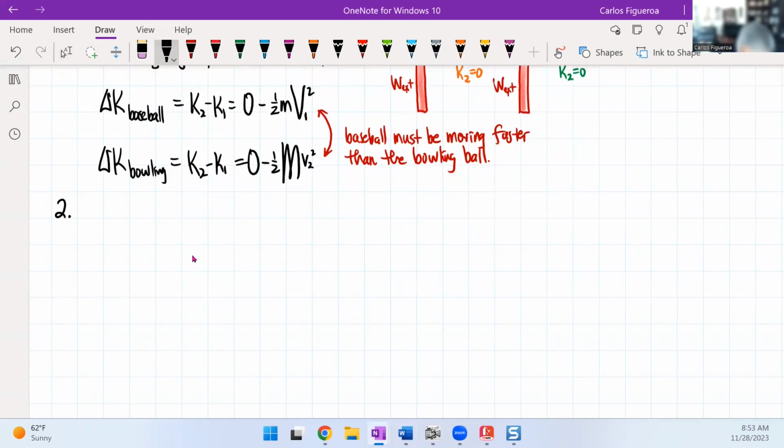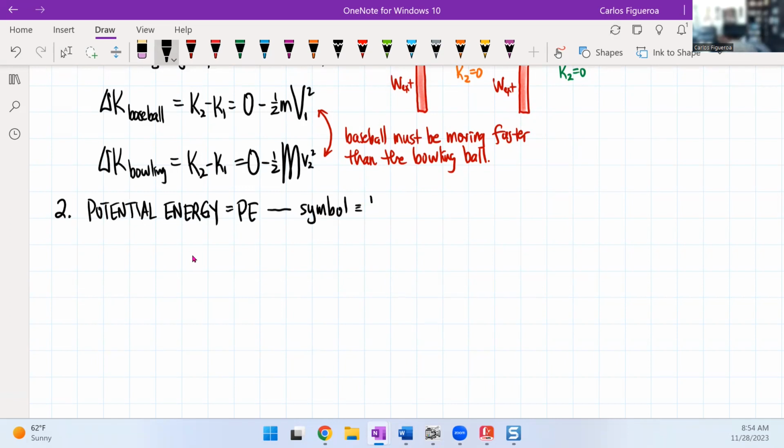So our second thing here is that we're going to go after potential energy. If I write the word potential energy, I typically write PE. But symbolically, that's not the way we write potential energy.